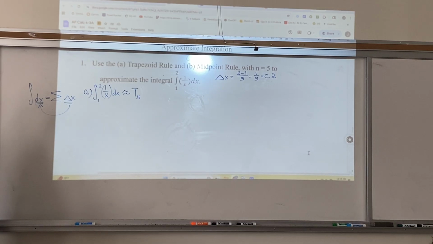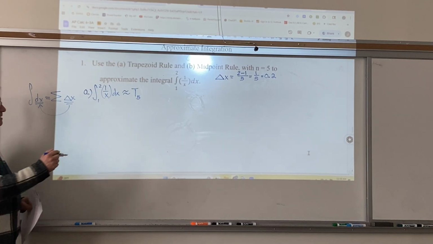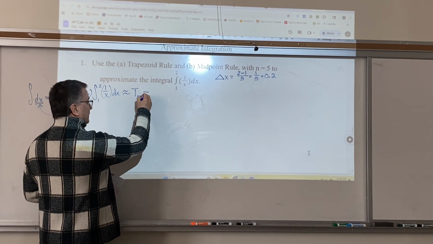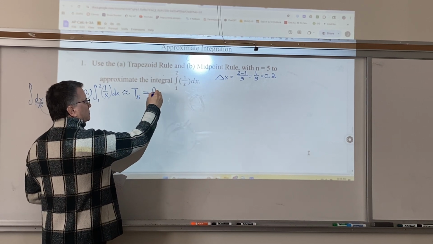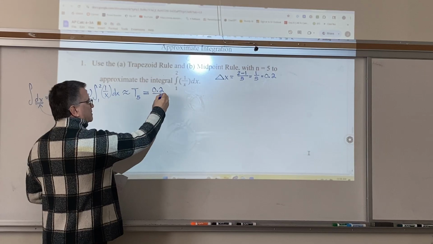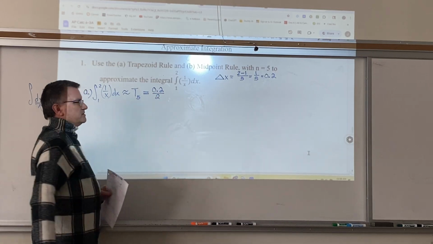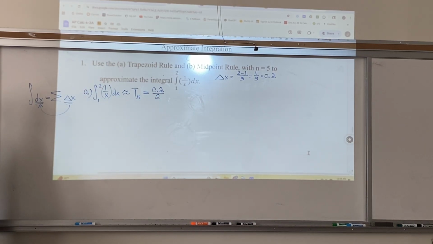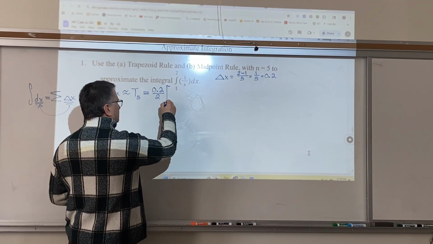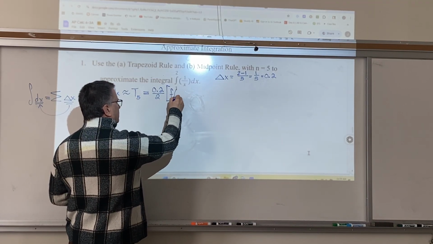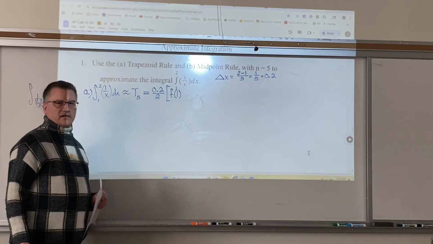If I'm going to do the trapezoid rule, remember that formula. The trapezoid rule is the change of x, 0.2, but I have to use both sides of the trapezoid, so divided by 2. I can't just pull out 0.2. Then I have to do whatever f of 1 is, because that's my first one.